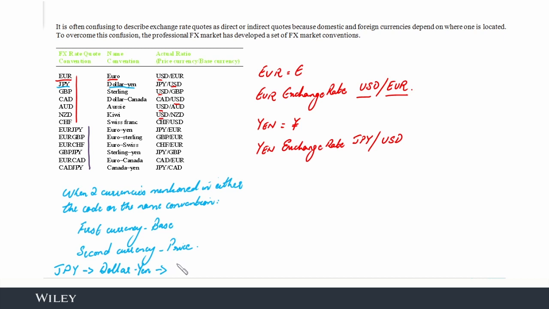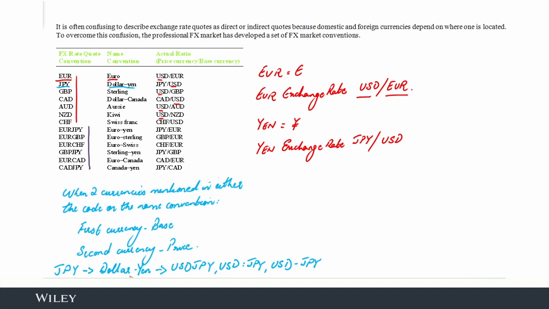It can be written as USDJPY. It can be written as just JPY. It can be written as USD:JPY. And it can also be written as USD-JPY.